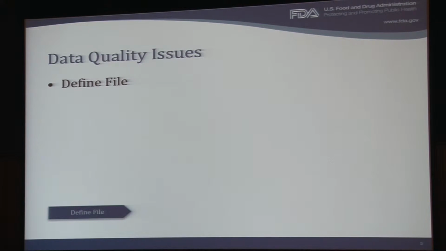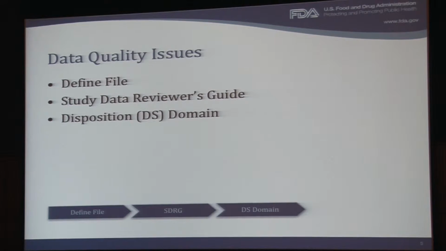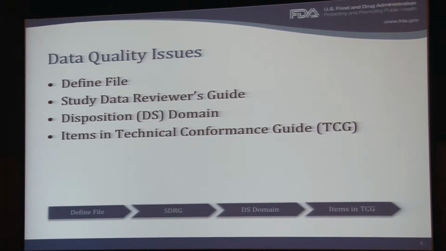I've categorized them in 5 main categories: issues pertaining to the defined file, the study data reviewer's guide, the disposition domain, items that are already discussed in the technical conformance guide, and other high impact issues. So let's go through the items, and I do want to note that we only have metrics on a subset of these issues, and I'll be providing those in red.